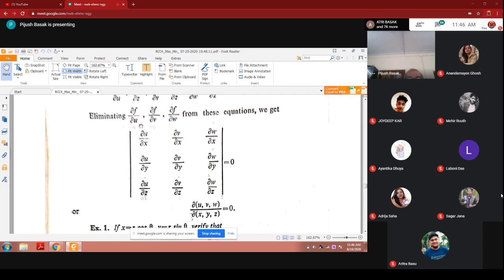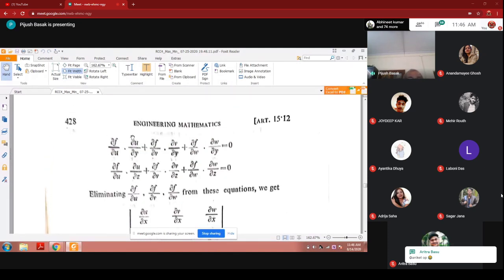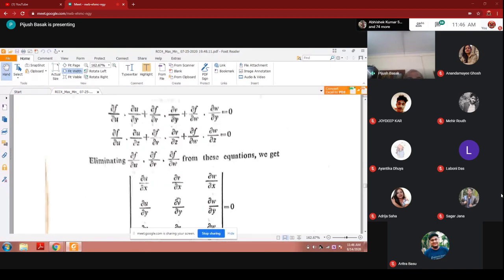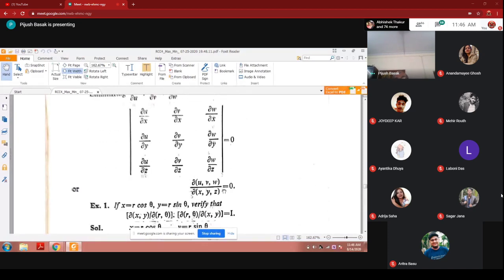So if you want to eliminate del f del u, del f del v, del f del w, then we get this determinant. This determinant is nothing but the Jacobian of u, v, w with respect to x, y, z.